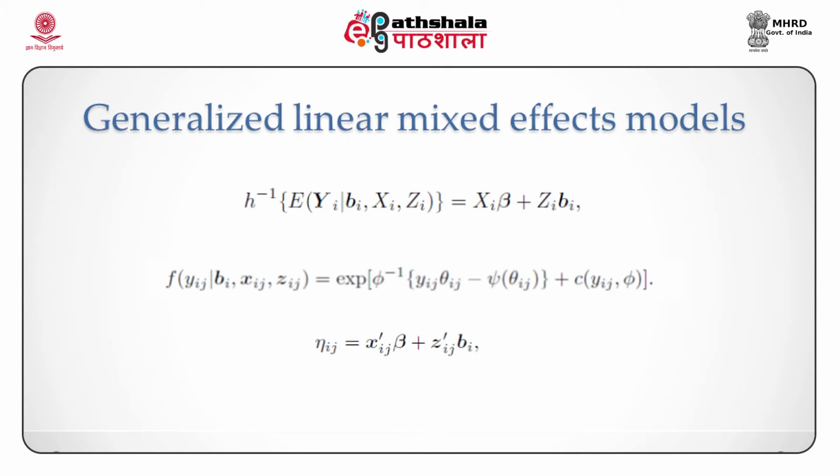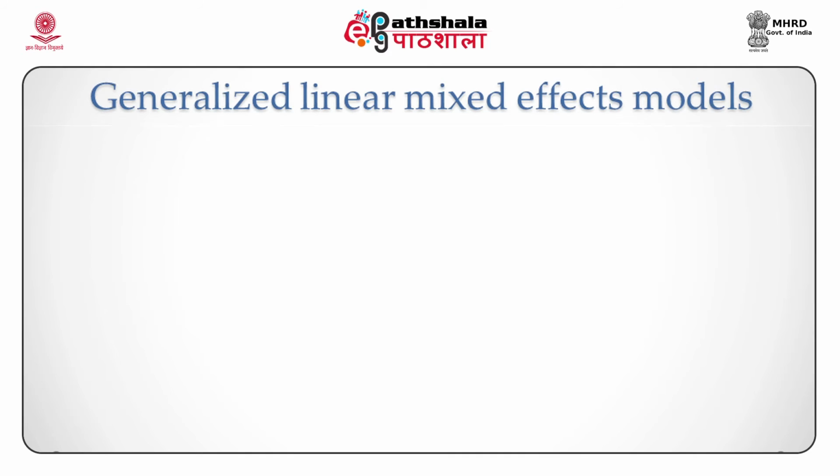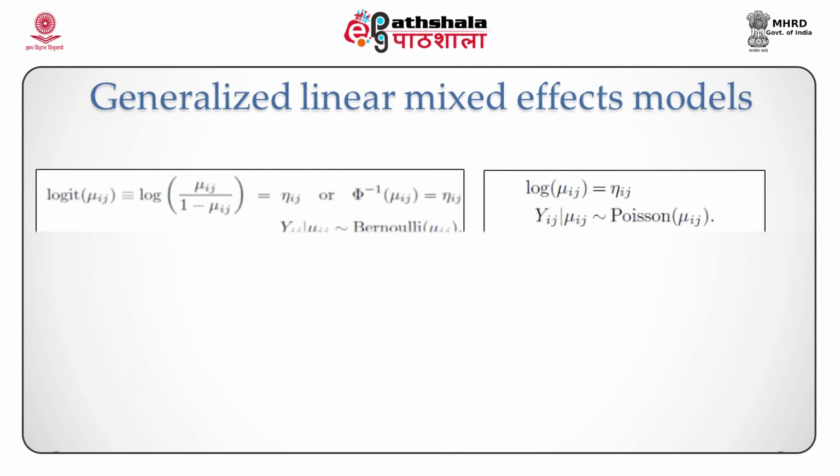So here are some common generalized linear mixed effects models. The first is logit of mu ij equal to log of mu ij over 1 minus mu ij equal to eta ij, which is the logit model. We can also have the probit model, which is phi inverse mu ij equal to eta ij.